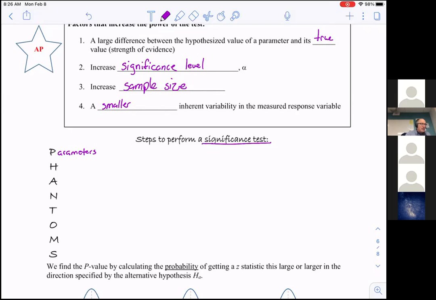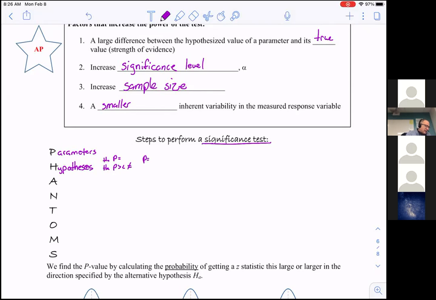Typically, even before we write the parameters, we write the hypotheses. We have a null hypothesis and an alternate hypothesis, with p equals something, and p is going to be greater than, less than, or not equal to. And then we define what p is.